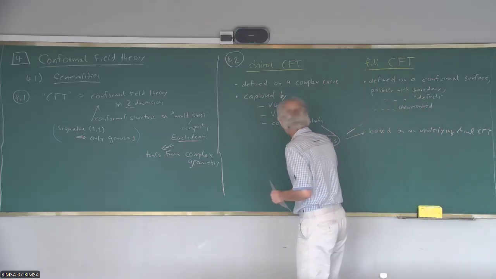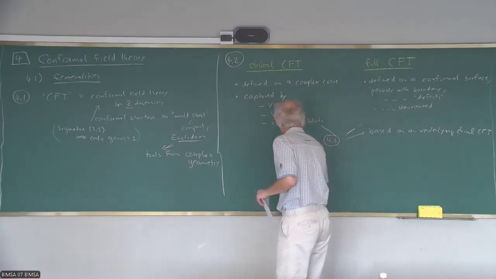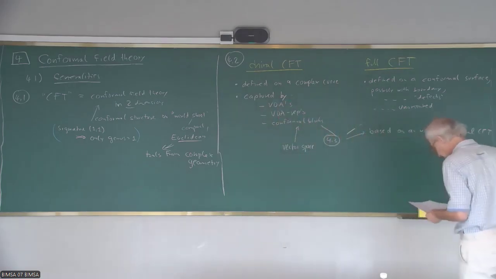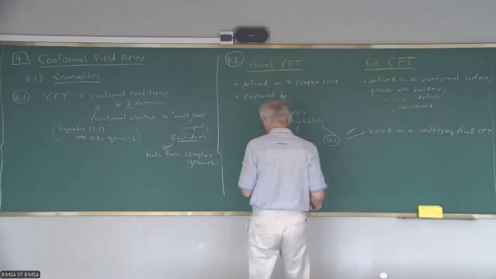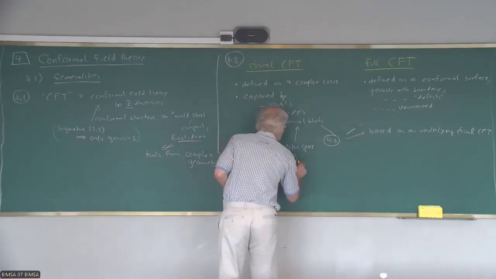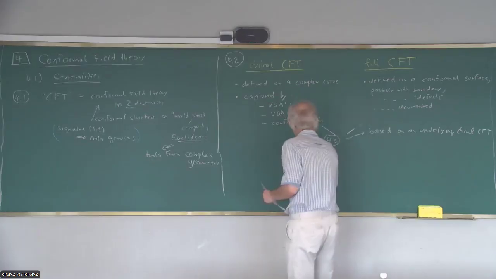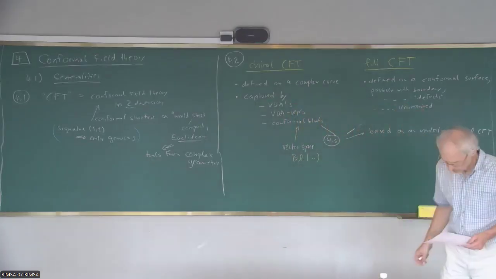And these conformal blocks form certain vector bundles, in particular vector spaces, over a given point in the relevant moduli space, which I will call BL of, well, all the relevant information that we will need.